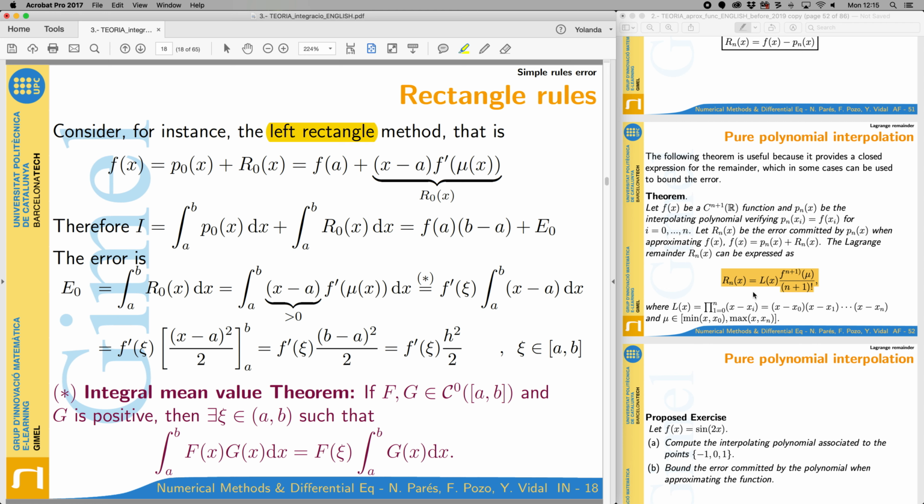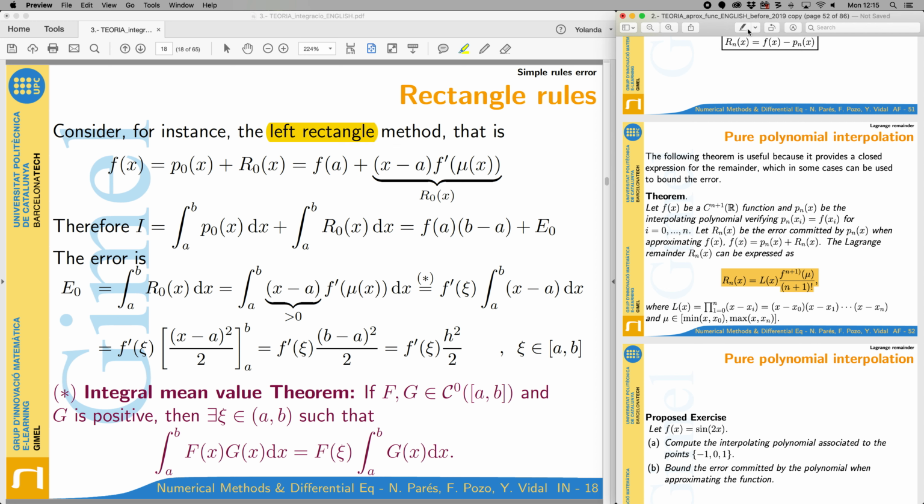What I'm saying here is that I only have one data point, x0, which is equal to a. That's why x minus a comes from this Lx, which is only x minus a, because there are no other data points.